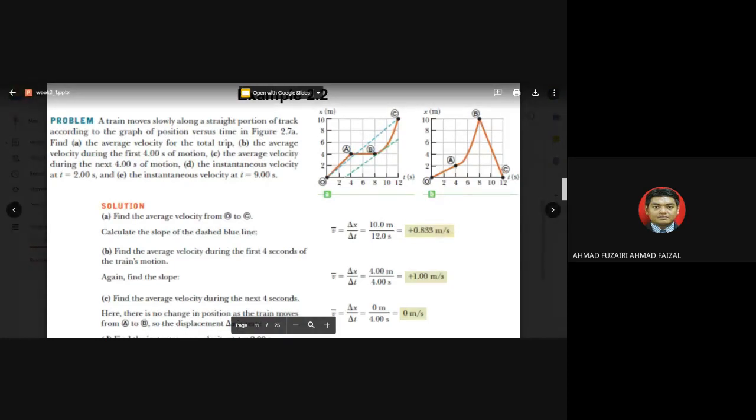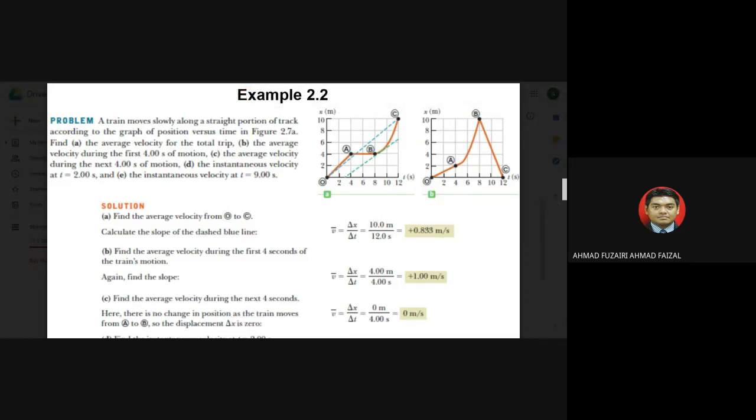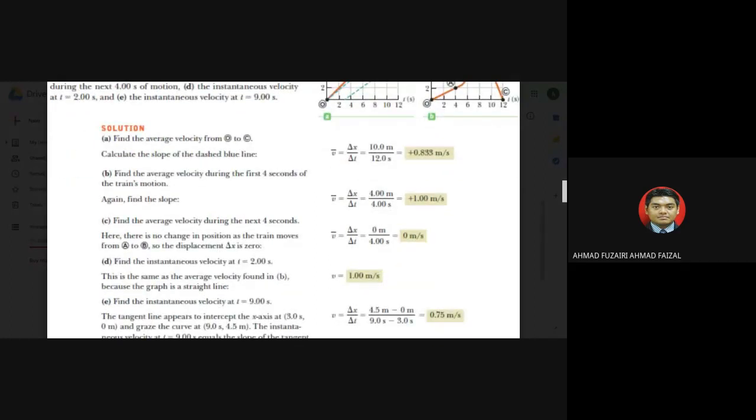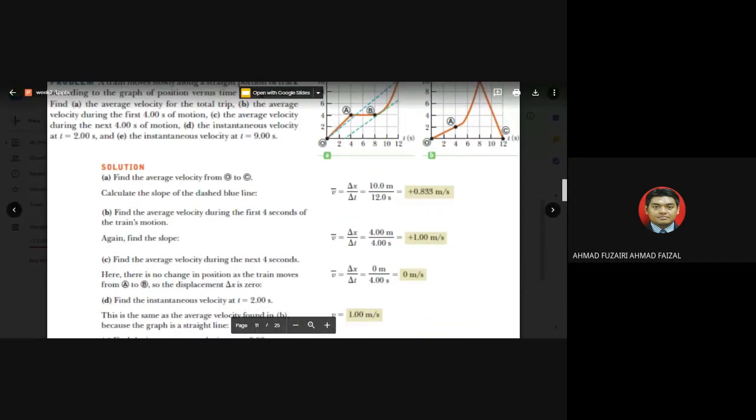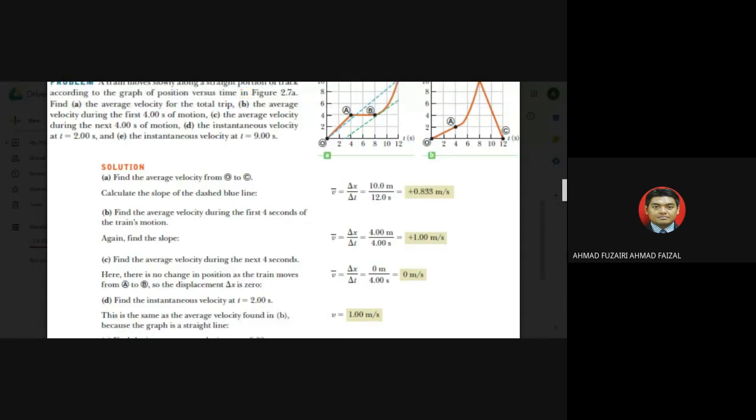Okay, contoh dia yang pertama, D dia kata nak t equals to 2 seconds. Now, you project it to the graph. Maksudnya panjangkan kepada graph, naik straight ke atas. Lepas tu, oh okay, rupanya dia duduk di antara gradient yang antara O dengan A. So that's why jawapan dia sama dengan 1. Okay, untuk soalan D.